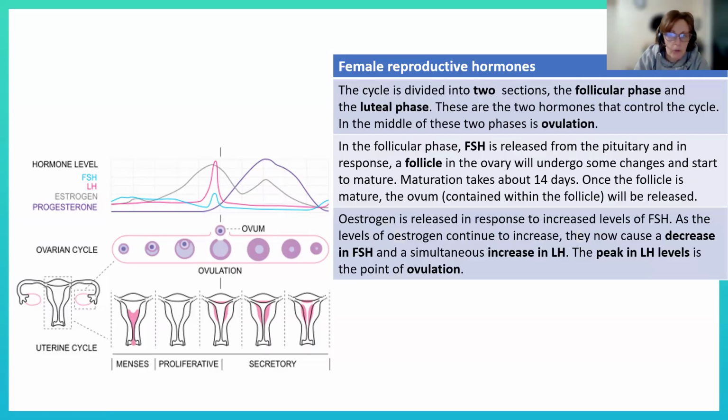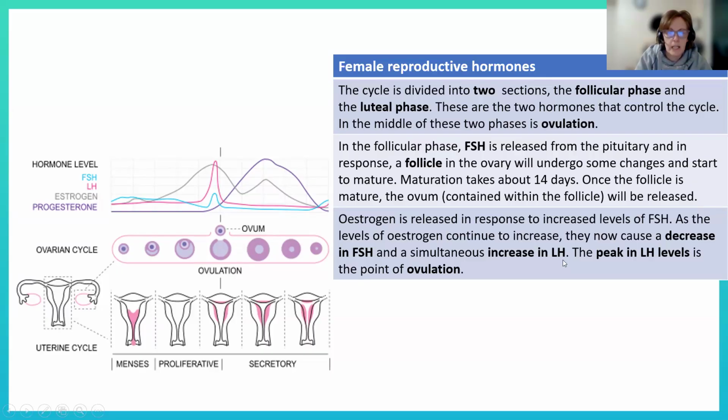Estrogen is released in response to these levels of follicle stimulating hormone. And as the levels of estrogen increase, they cause a decrease in follicle stimulating hormone. So estrogen in gray goes up, follicle stimulating hormone goes down. You can see the levels lower down here. And this also leads to an increase in luteinizing hormone.